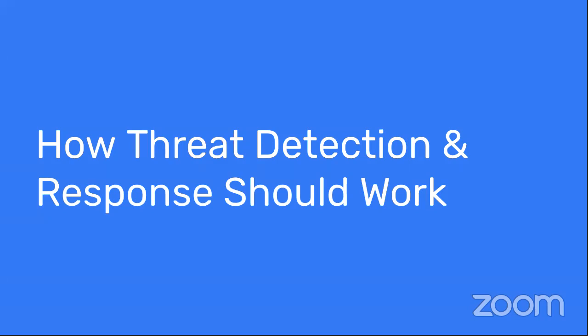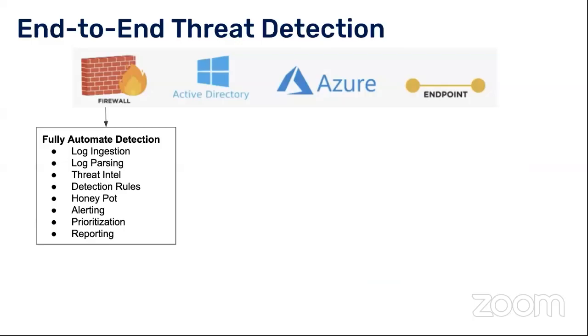So how this should work: first of all, we have to go end to end, right? It's not good enough just to have things showing up on a dashboard with nobody looking, or things stored in a log database that no one's paying attention to. But it starts with that, right?